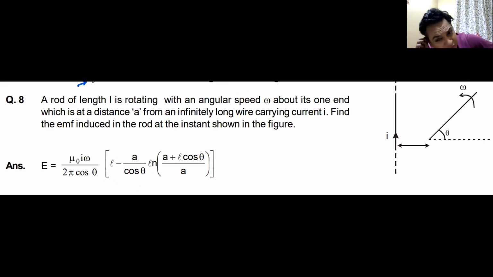As I told you, they could give you different positions and ask you in which position what the answer is. So if I talk about any general position theta, you can remember this formula.